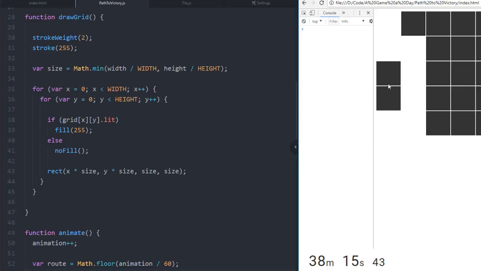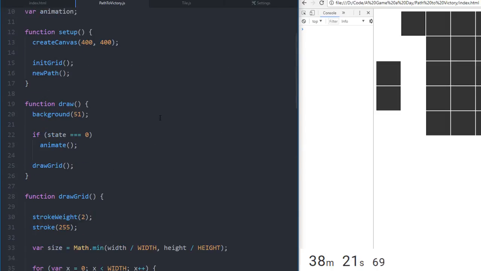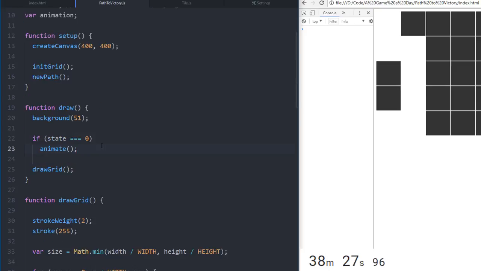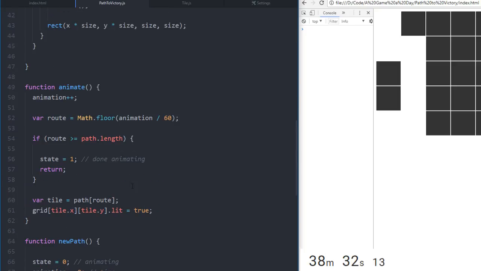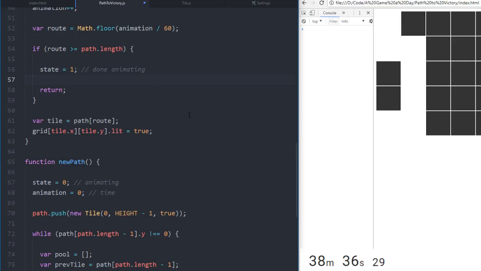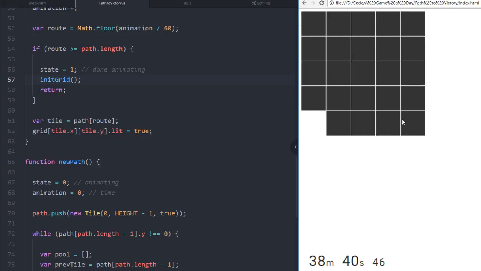So we have these drawings now. But I think we need a grid, a path grid, and a step grid. So we have animate. We need to say init grid, I think. Then we can do up to the right.